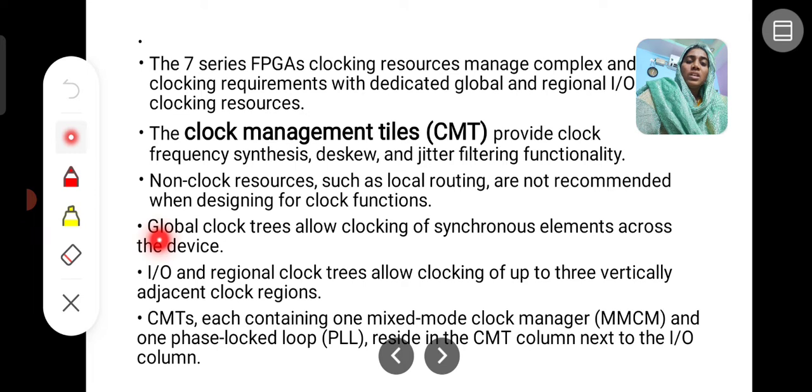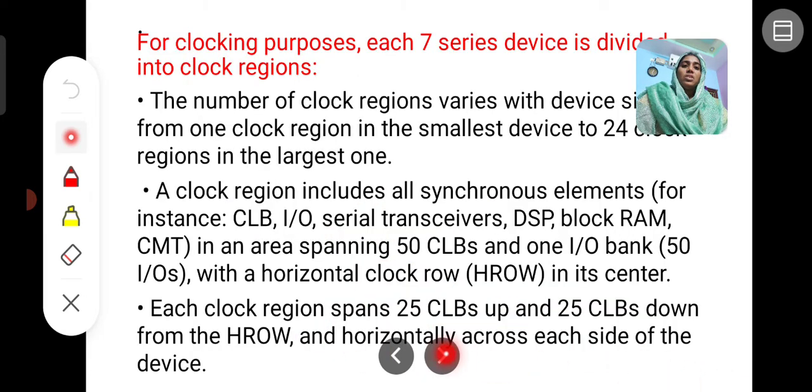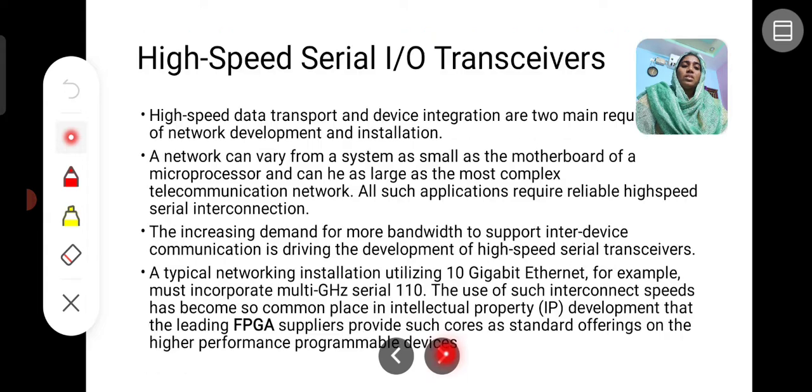Global clock trees allow clocking for synchronous elements across the device. CMTs, each containing one mixed-mode clock manager, MMCM, and one phase locked loop, PLL, reside in the CMT column next to the IO column. So this is about clock management.